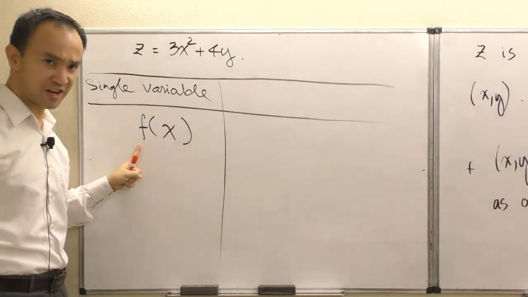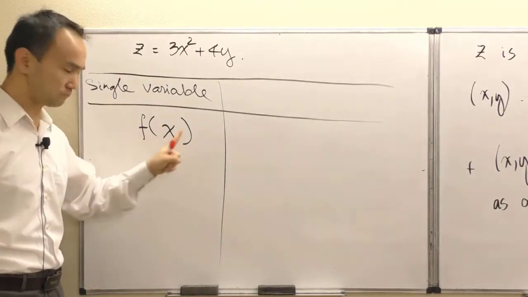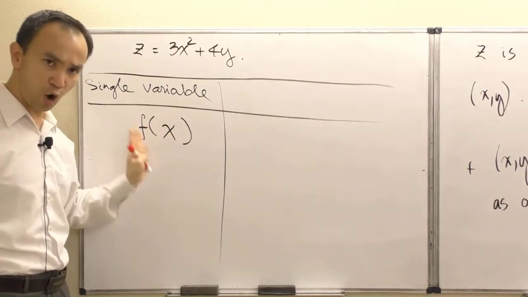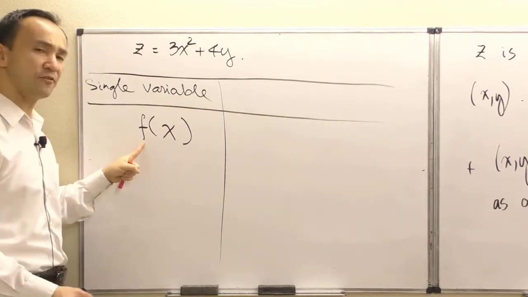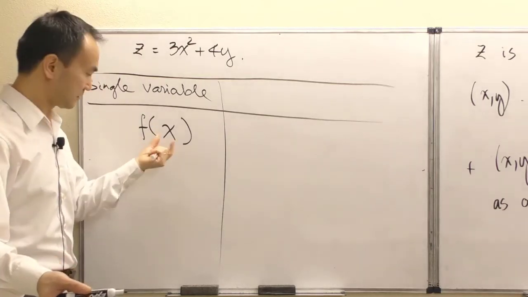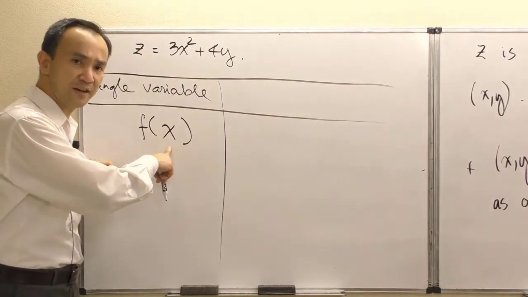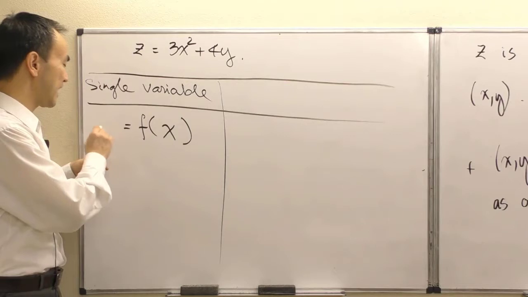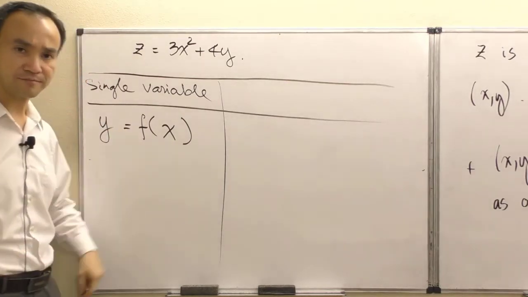This is the function's name, as we already know, and then this x in a pair of parentheses comes together as one whole package of symbols. So this entire notation indicates that we have a function that we name f. And in the entire expression of the function, whenever we see the x variable, that's the variable being the input responsible for coming out with the output. So this was, back in the old days, one notation.